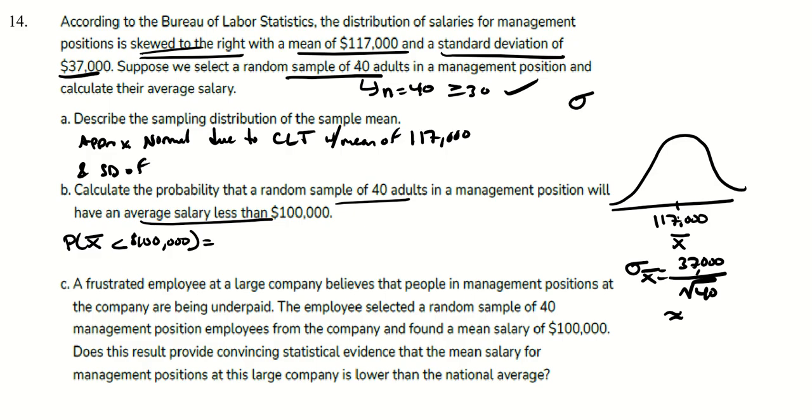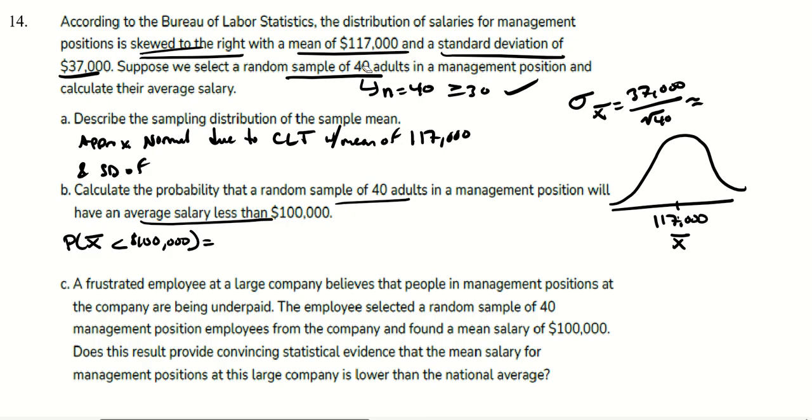I should have calculated this here. 37,000 over square root of 40. Let me actually calculate this up here instead, because this is the order in which I should have calculated it. And you get about $5,850.21.